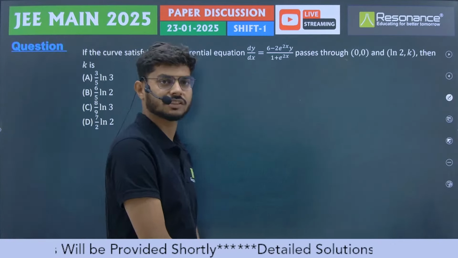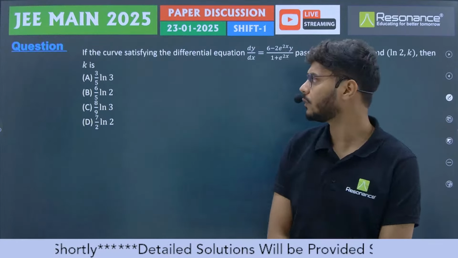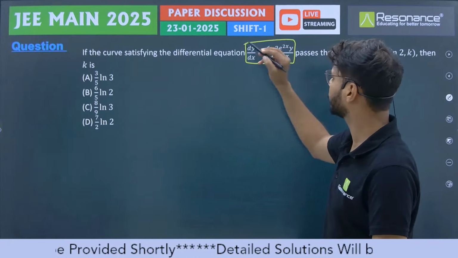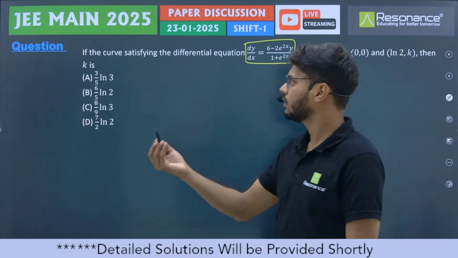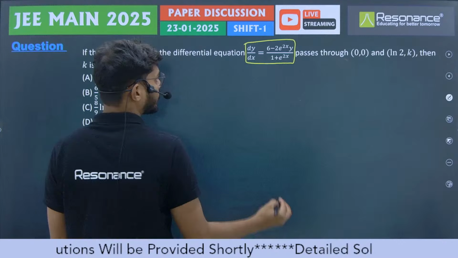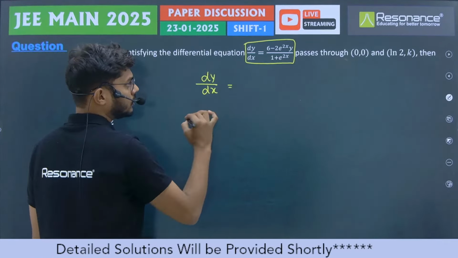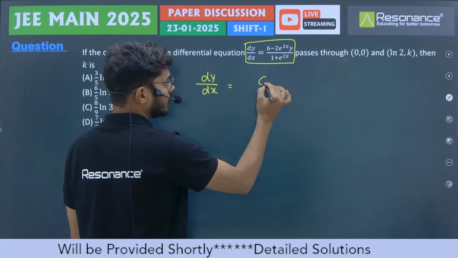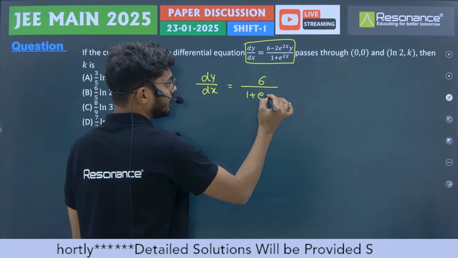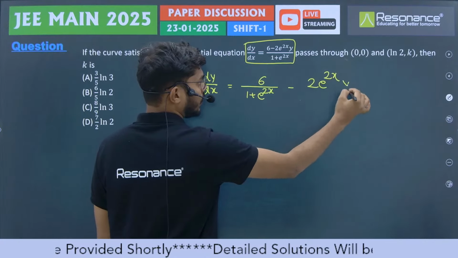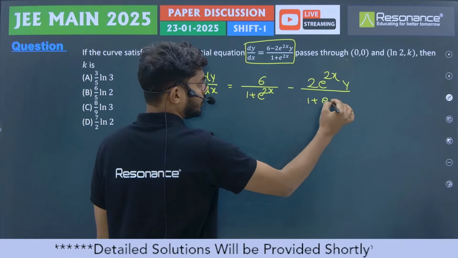Okay, as expected, this is nothing but the differential equation question. I can say this is the linear differential equation question. So how to solve this particular question? Can I write dy by dx equal to, I can split the terms, 6 upon 1 plus e to power 2x minus 2 e to power of 2x into y upon 1 plus e to power 2x.